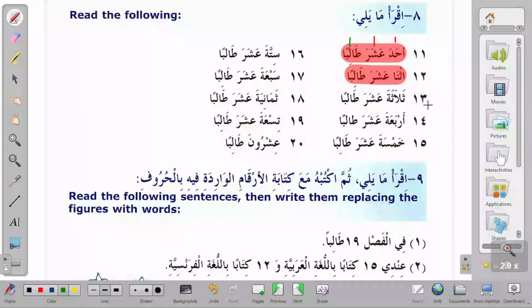Now let's look at the 13 to the 19. What will happen is that the Ashara and then the thing you are counting will always have the same gender.